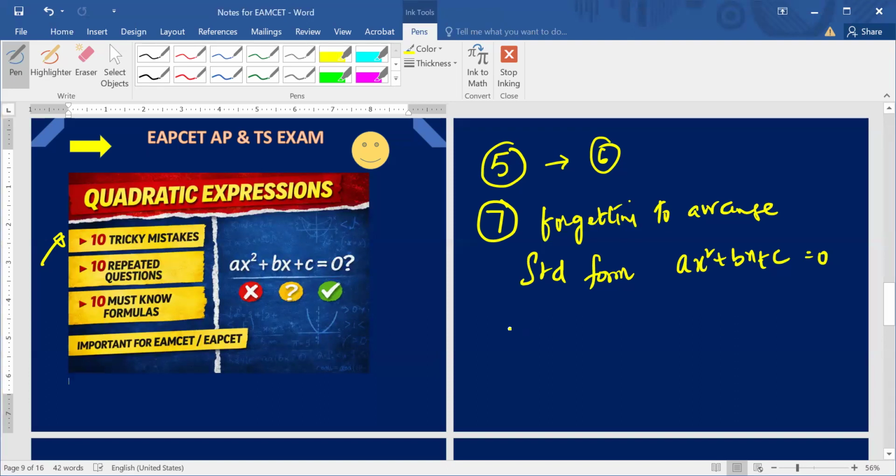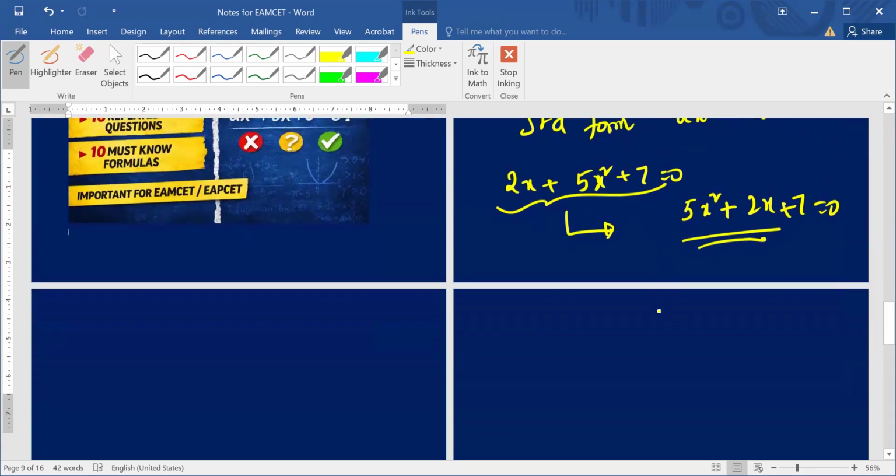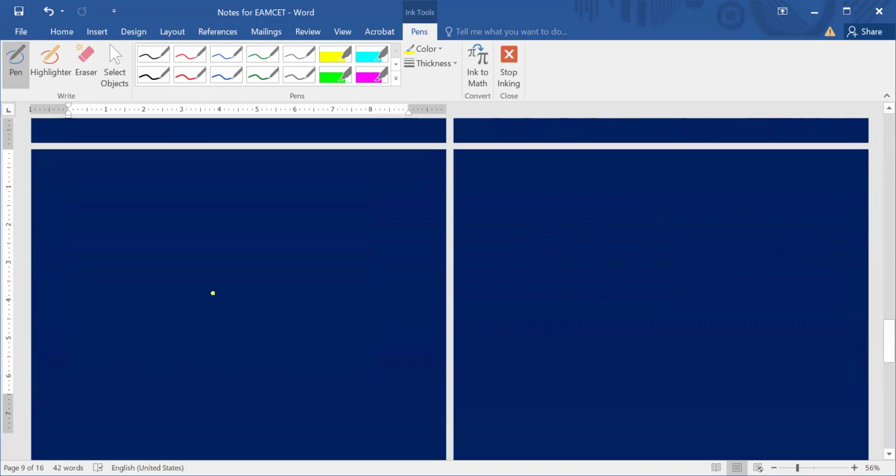Suppose the question is given as 2x plus 5x square plus 7 is equal to 0. First, we need to rearrange this in the standard form like 5x square plus 2x plus 7 is equal to 0. Okay, this is very frequently asked, such type of question, because they are very tricky in nature.